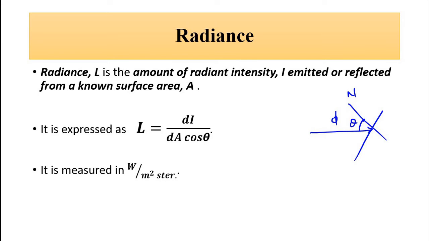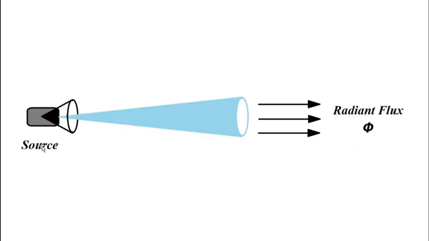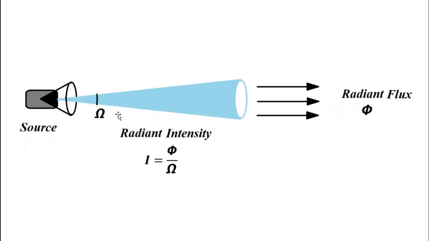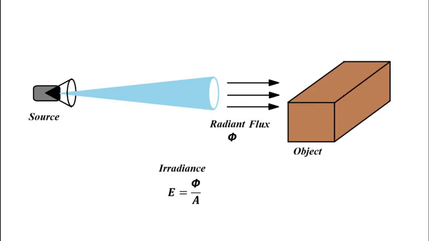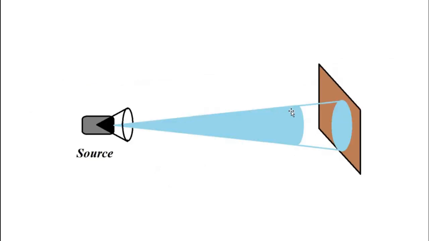So let us try to understand from the start. First, the source emits radiation. The total radiative flux or radiative power which is emitted is the radiant flux phi. Then the radiant flux per unit solid angle emitted from the source gives us radiant intensity I. Then when the radiant flux is focused on an object, an area on the surface is irradiated.